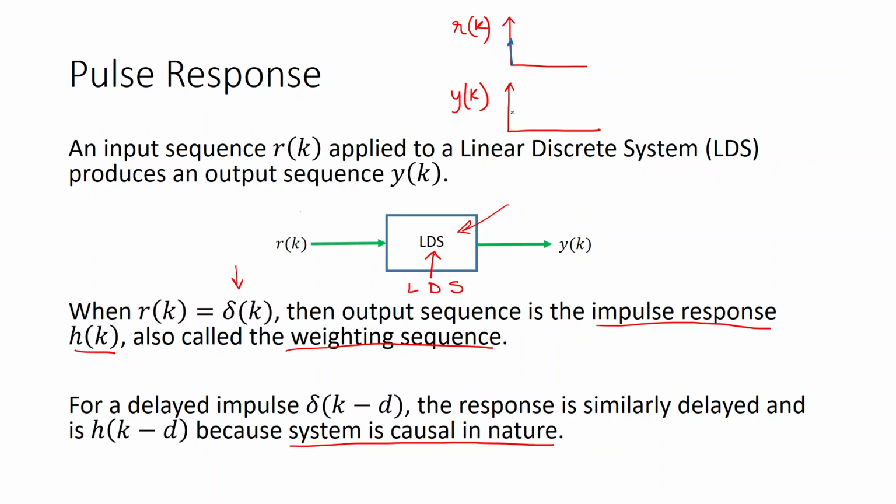If you give an impulse, you will get a string of values, something like this I might get. Finally it might die down. Now if I take a delayed impulse Rk, I take it here, then the Yk would also start from here, with this same sequence.